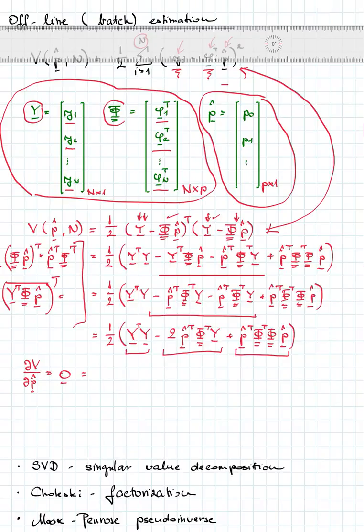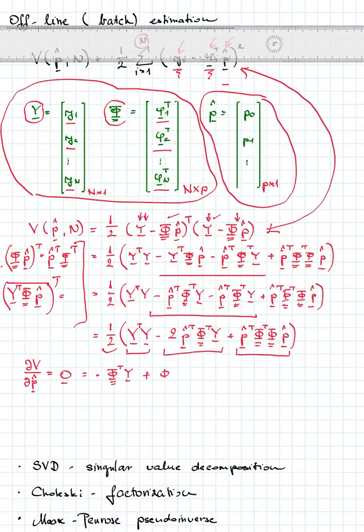The second will be minus phi transpose and y. And finally, the last one contains p square, and if we take the derivative according to p, it will contain 2p, and then this half is going to eliminate this term. That's why I can write phi transpose phi p hat. This is the derivation rule according to the p hat vector.